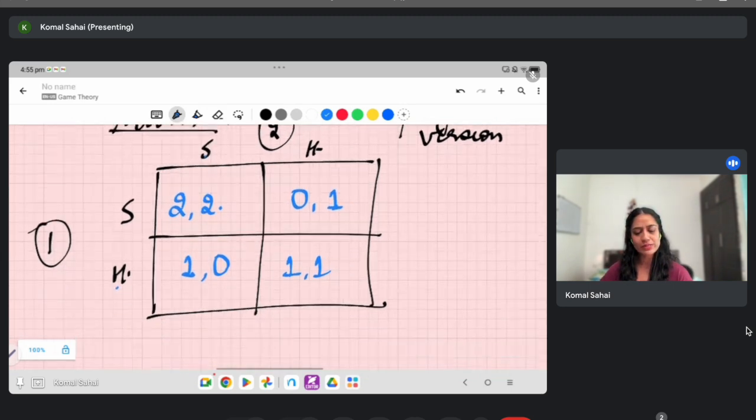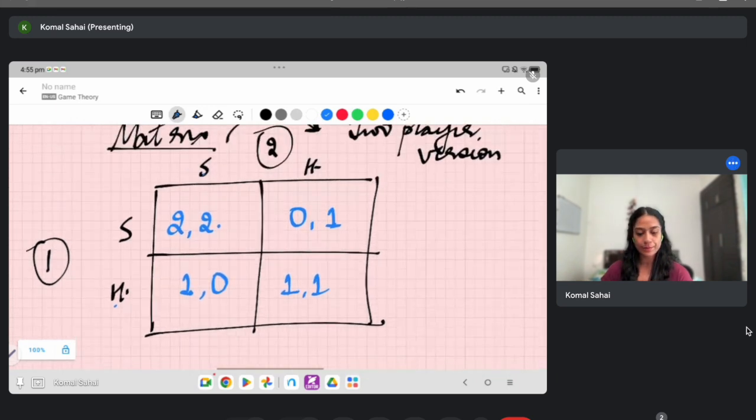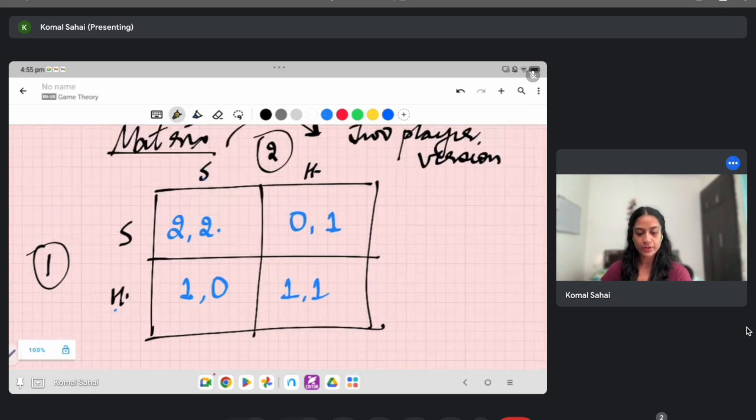So you will see that this looks a lot like the prisoner's dilemma, but the important point over here is that our coordination outcome is actually preferred over this one. Preferred over, meaning you can think that this is the outcome in which player 2 coordinates, right?